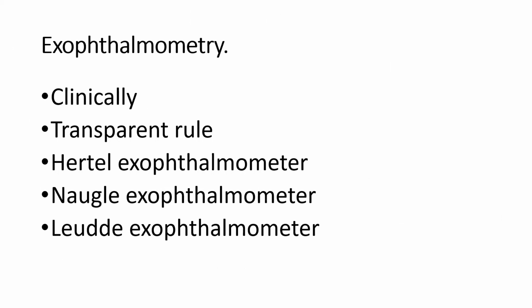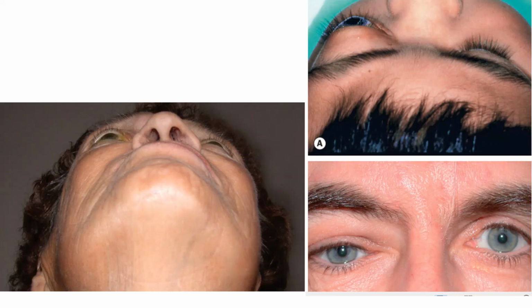We can measure the proptosis by different methods and different equipment. We can measure crudely, clinically, as well as by ophthalmic instruments like transparent rule, Hertel exophthalmometer, Naugle exophthalmometer, and Luedde exophthalmometer. Now, this is how you can see it clinically.